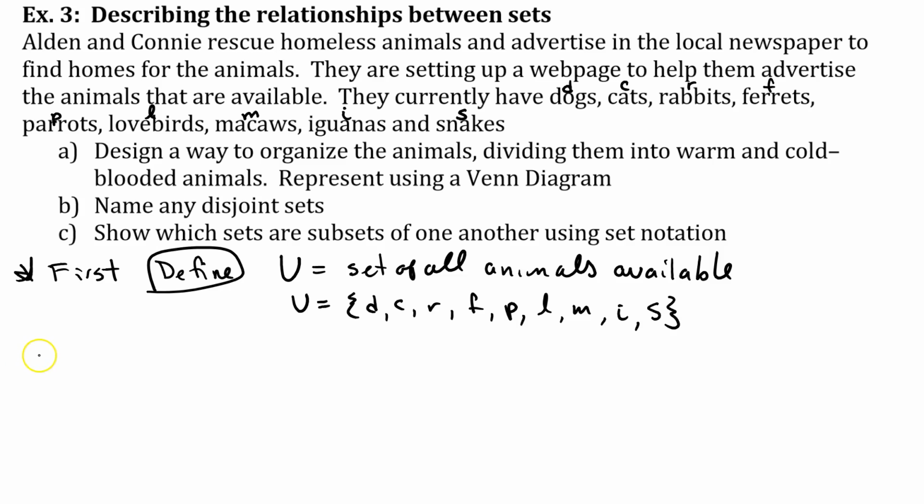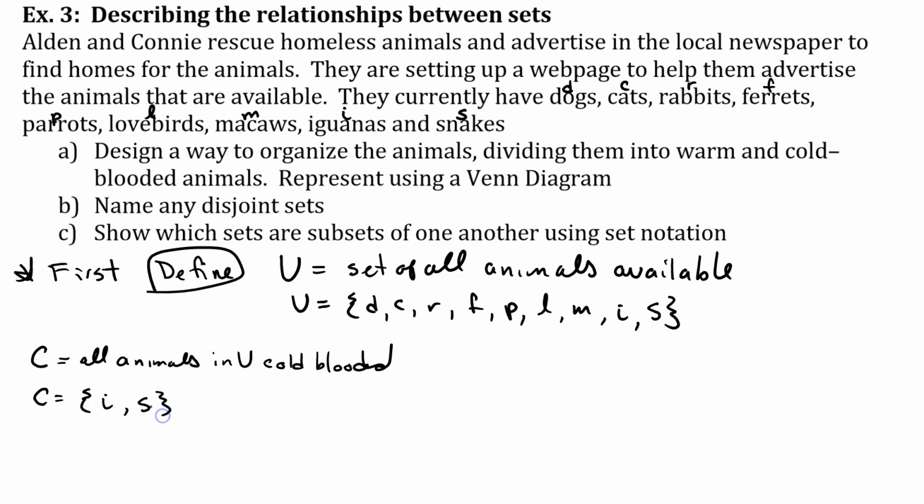So we're going to say C equals all animals in the universal set that are cold-blooded. So C would be snakes and iguanas.